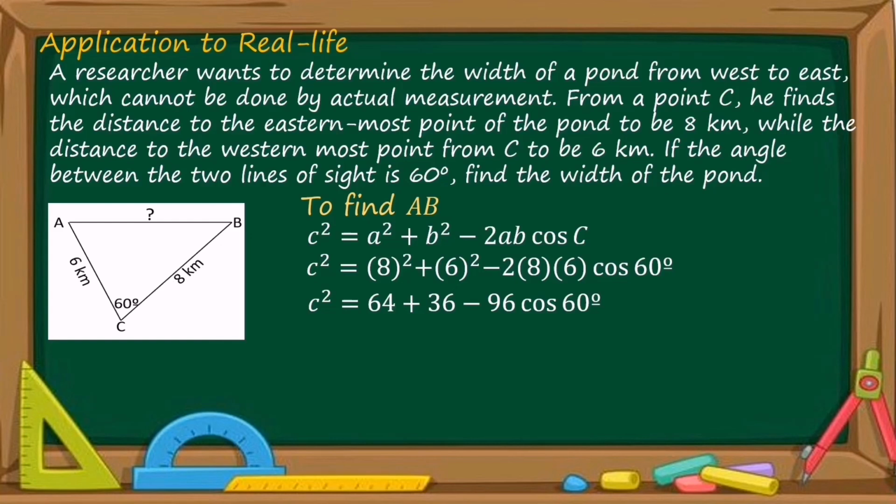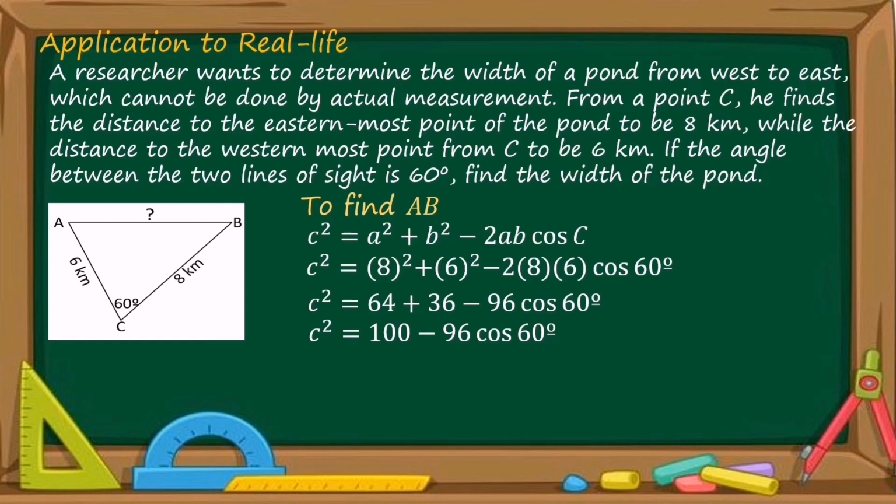The product of 2, 8 and 6 is 96 times cosine 60 degrees. Get the sum of 64 and 36. So we have c squared is equal to 100 minus 96 cosine 60 degrees.